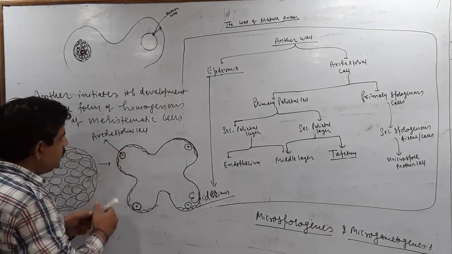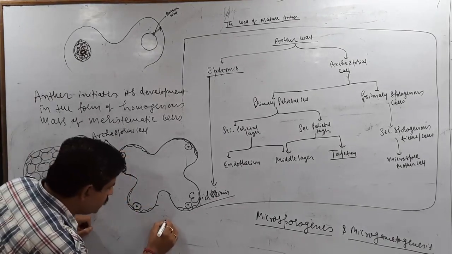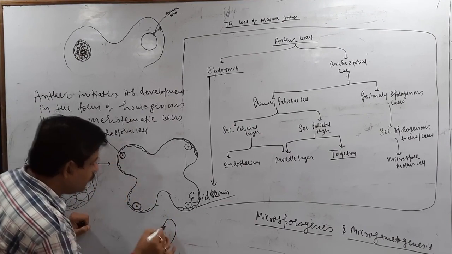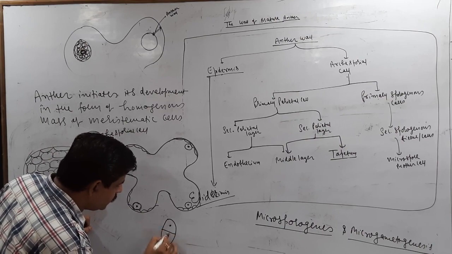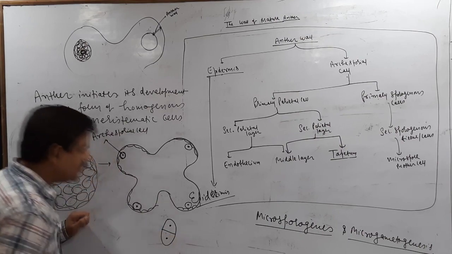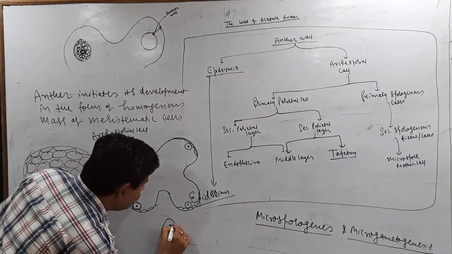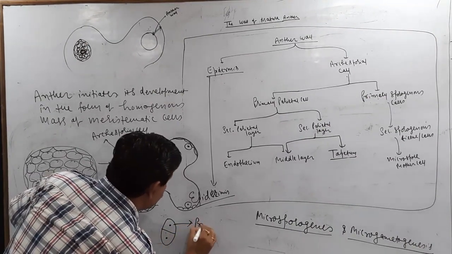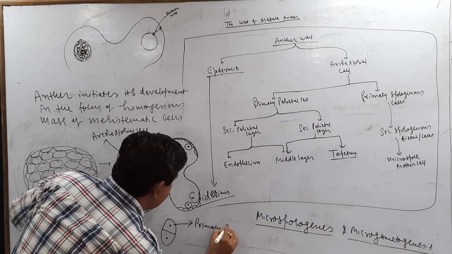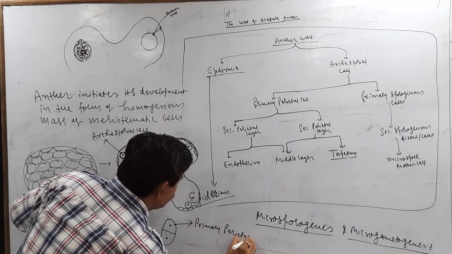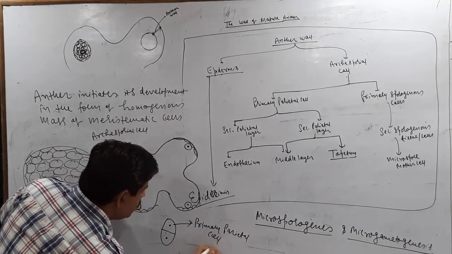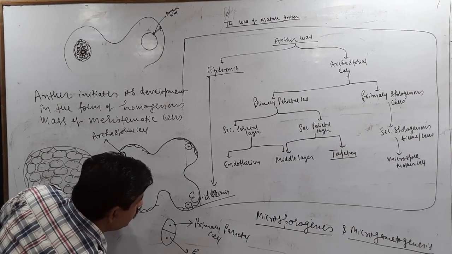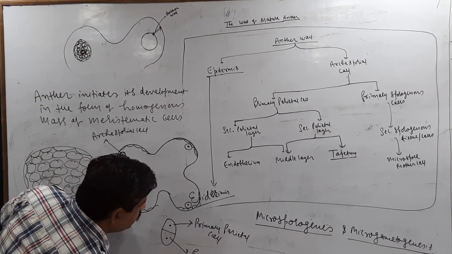This archisporial cell first divides, and the upper cell is called the primary parietal cell, and the lower cell is called the primary sporogenous cell.